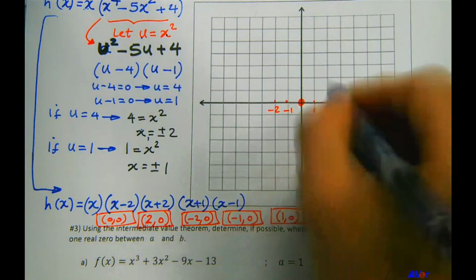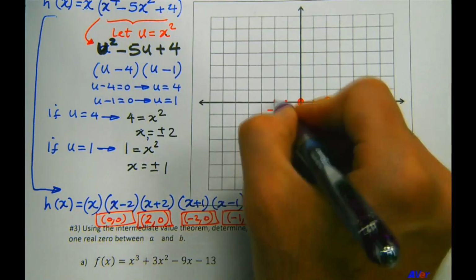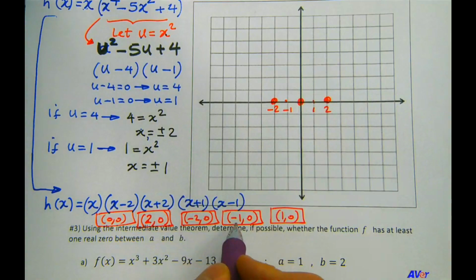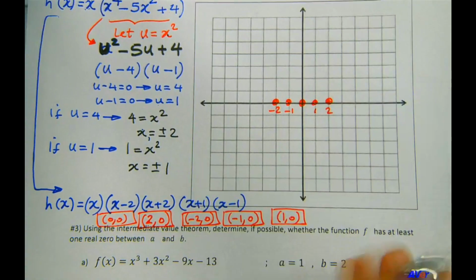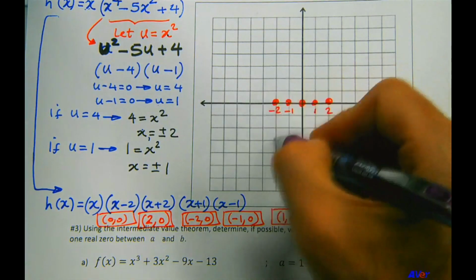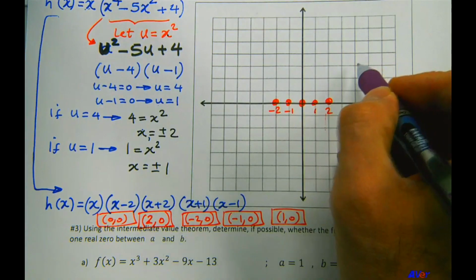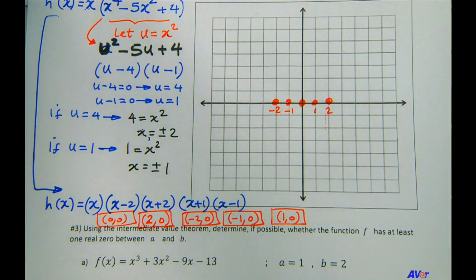So 2 comma 0 would be that. Negative 2 comma 0 would be that. Negative 1 comma 0, that. 1 comma 0, that. So all of these have odd multiplicity, so I know the graph line goes right through each one. It crosses the x-axis at all those points, at all those zeros, or x-intercepts.